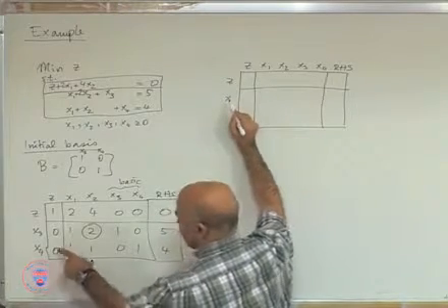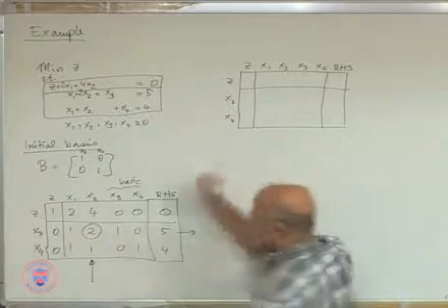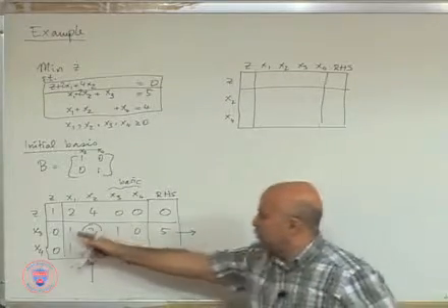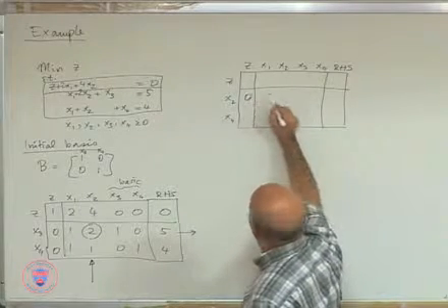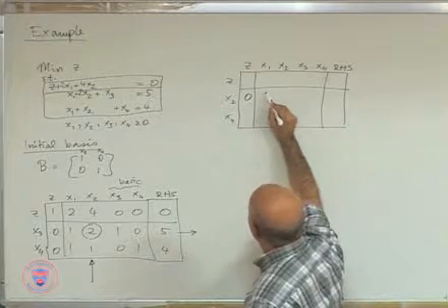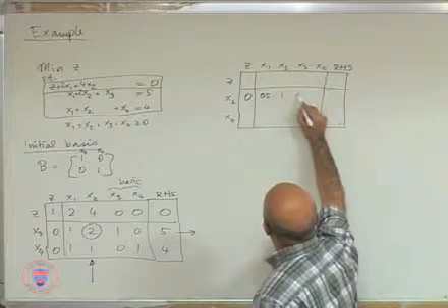First of all, x3 is replaced by x2, so that's your x2, x4. And you pivot. When you pivot, you divide the row 1 by 2, so that gives you these numbers.